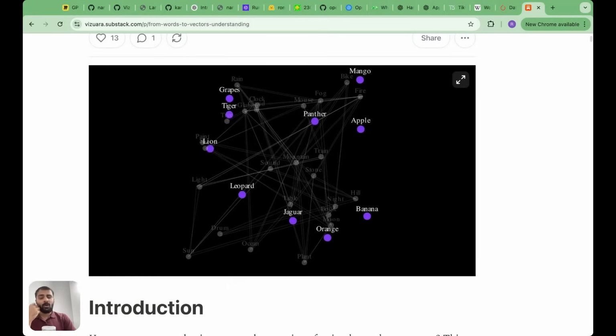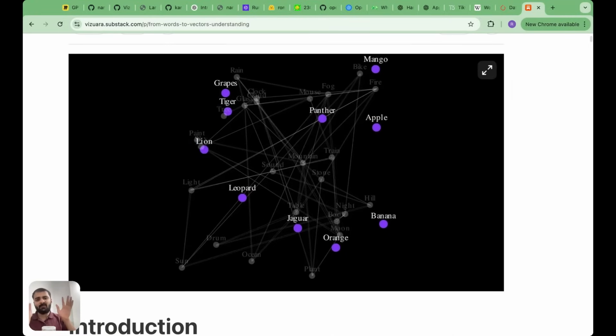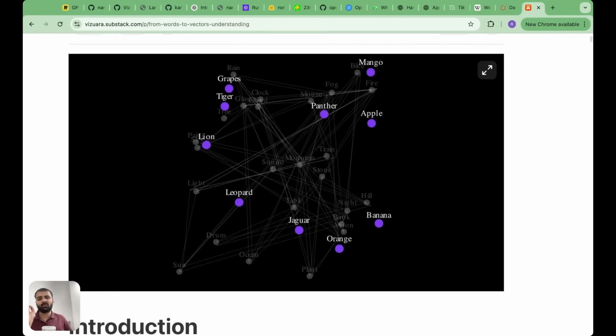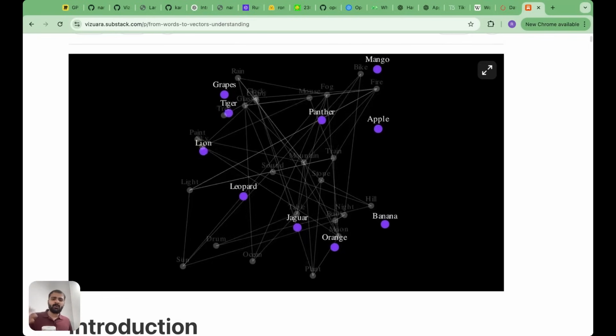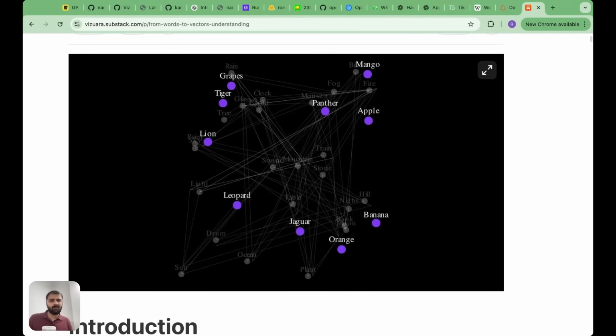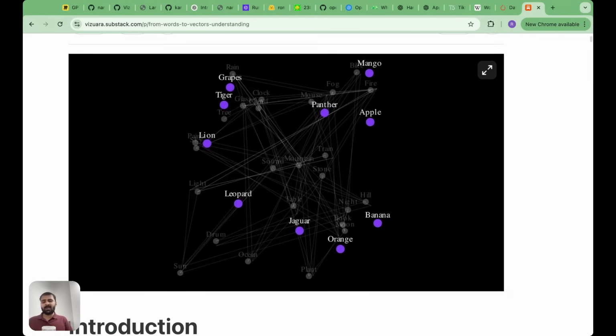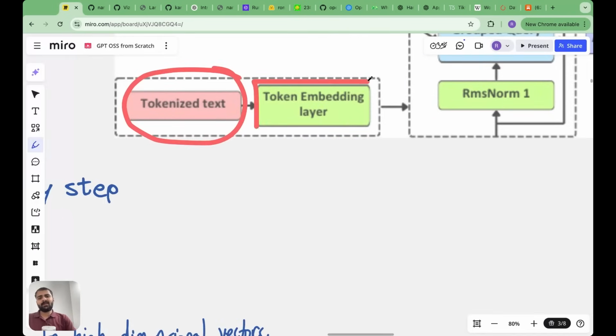The way we are going to do it in language modeling, where GPT-OSS is a replication right now, is we are going to start off by assuming every token ID has a random vector associated with it, and we are going to train the vector parameters as trainable parameters with the rest of the model itself. We are not going to use a pre-trained word2vec encoder at the start. So the token embedding layer essentially means you take your token IDs and convert them into a high dimensional vector space.